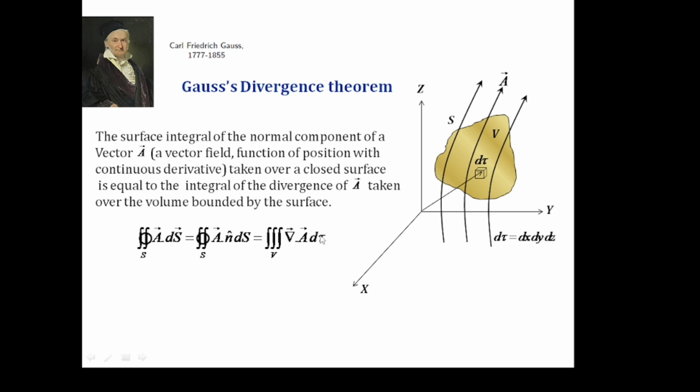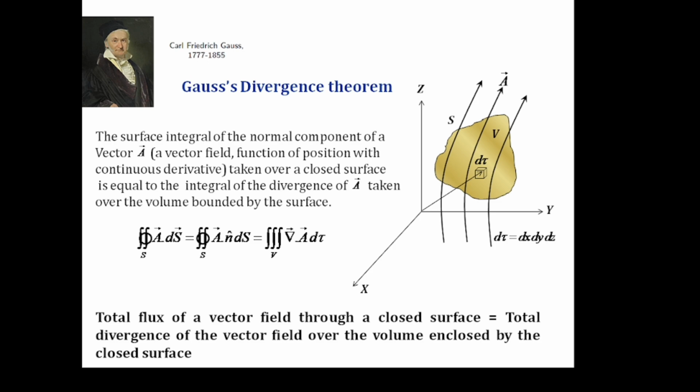This is called Gauss's divergence theorem, and it says that the total flux of a vector field A through a closed surface is equal to the total divergence of the vector field over the volume enclosed by the closed surface. So this is Gauss's divergence theorem.